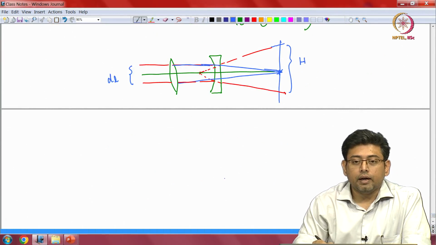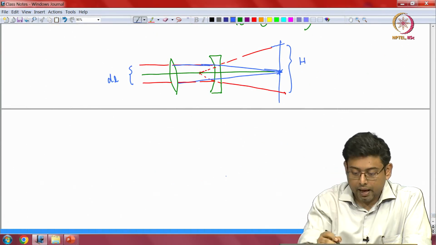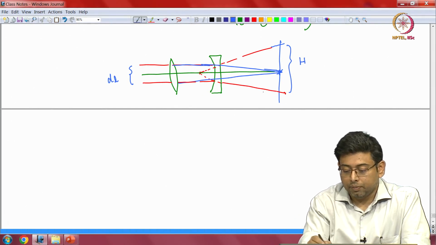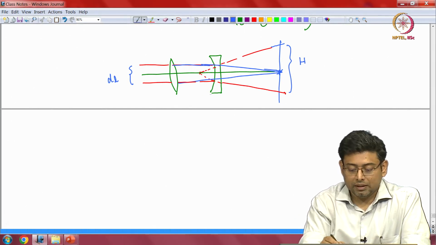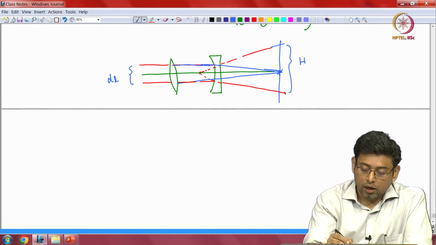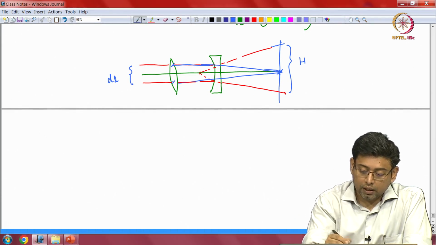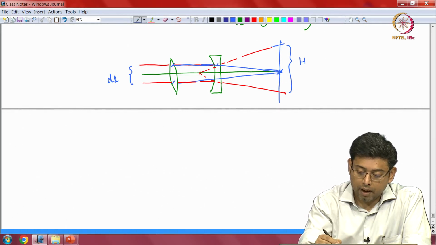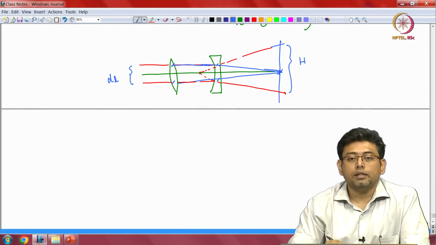Now I'm going to take advantage here of the fact that the distance between the lenses is much smaller than this particular distance. This is 490 mm and this is just about 10 mm. So the diameter of the laser collimated beams here is approximately the same as the diameter that you will encounter at the second lens.